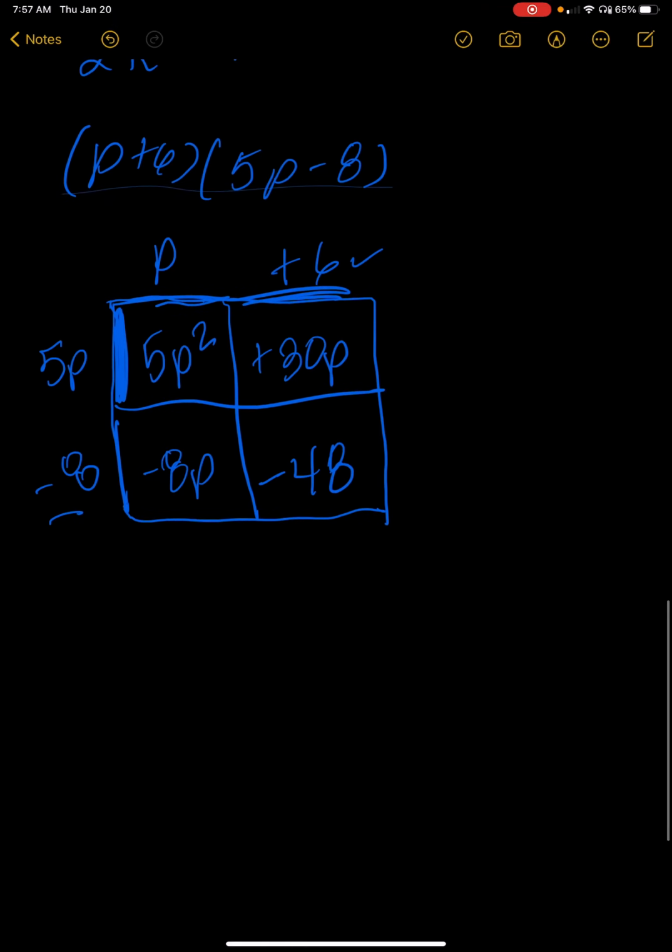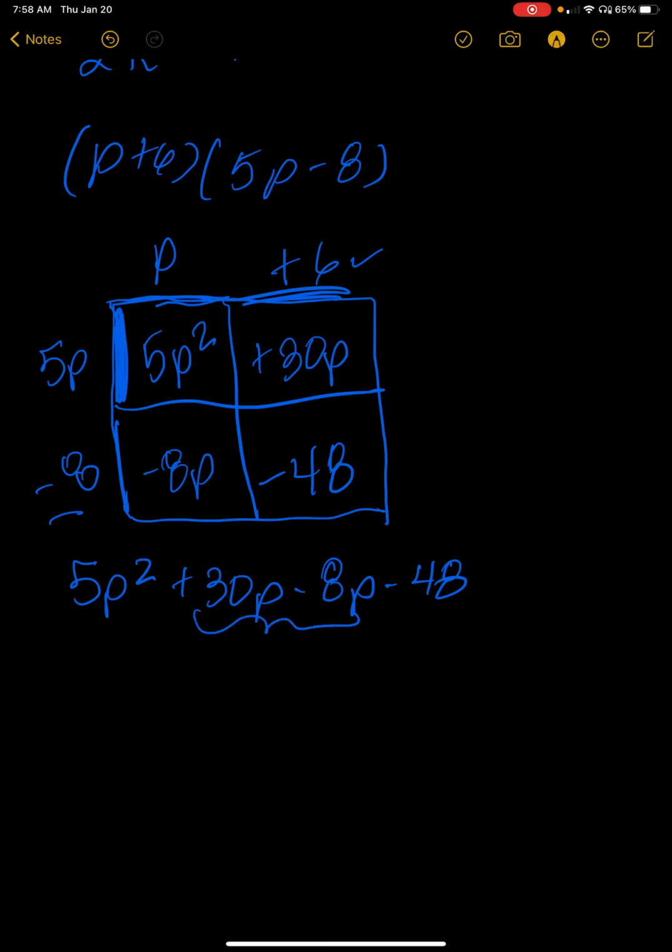Bringing this out, we have 5p squared plus 30p minus 8p minus 48. Does this look familiar from when we split it into our factors and started factoring by grouping? Yeah, it should. And so then we can simplify by combining like terms. And we have 5p squared plus 22p minus 48.